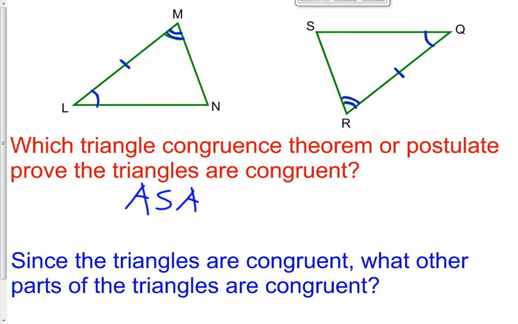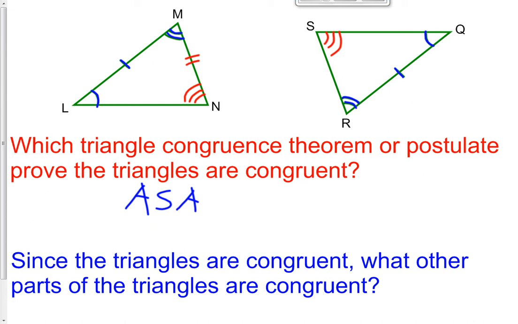What are the other parts of the triangles that are congruent? Well, by CPCTC, I now know that the other corresponding parts are congruent. So N, its angle, is congruent to S. It's the only angle that isn't marked with an arc, so I'll put 3 arcs at N and 3 arcs at S. Segment MN is between the 2 arc and the 3 arc angles, or it's the included side between those two.